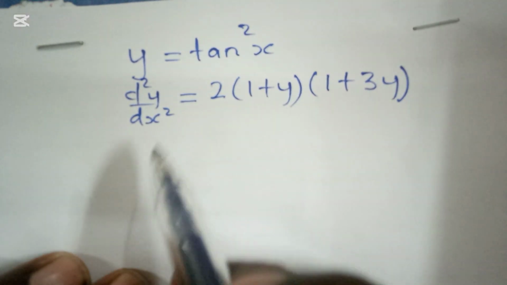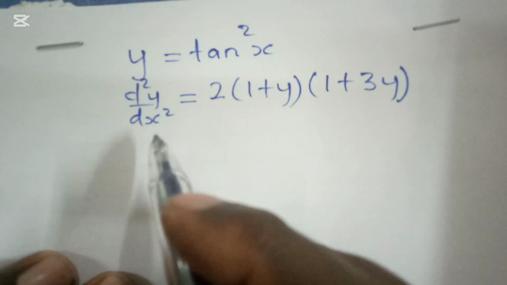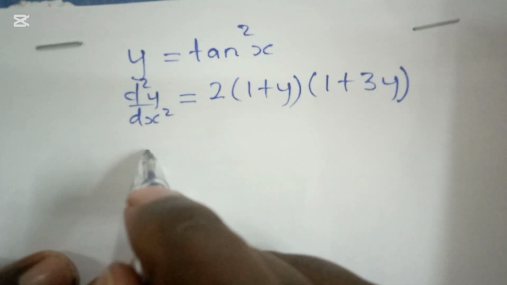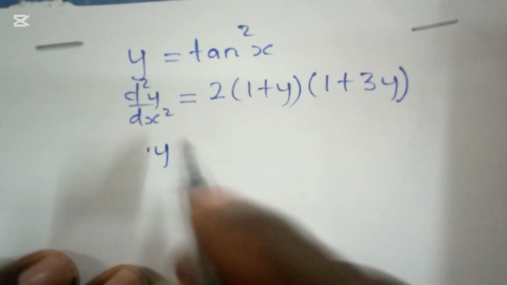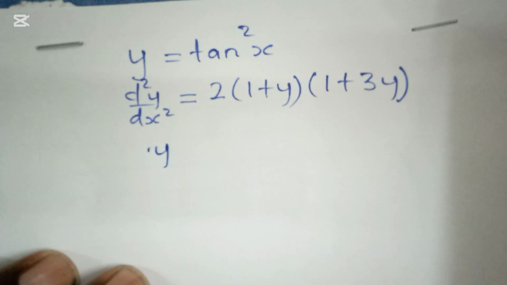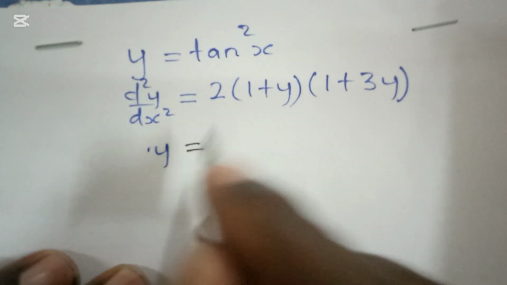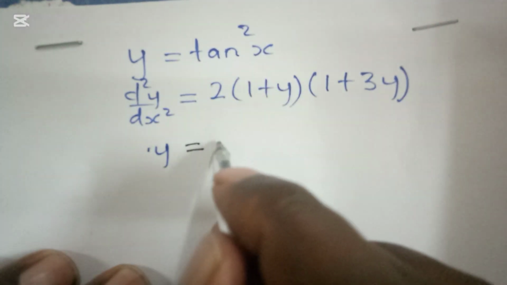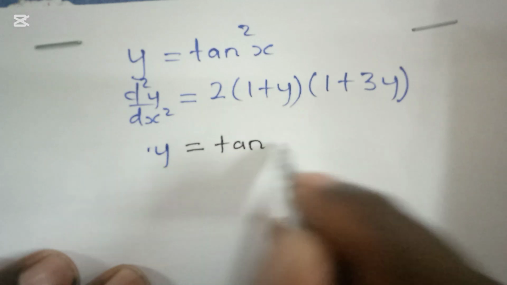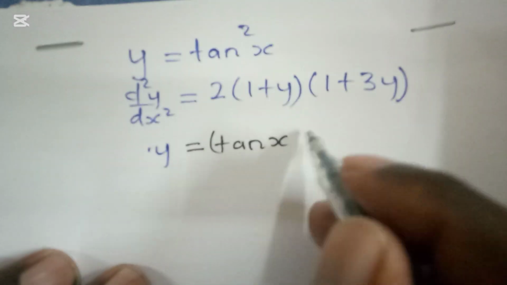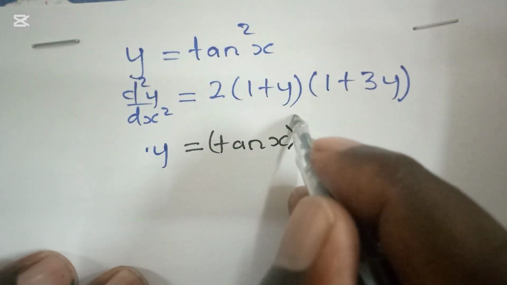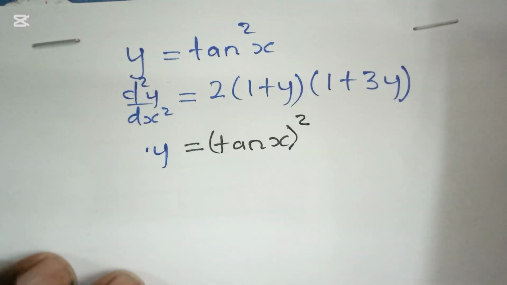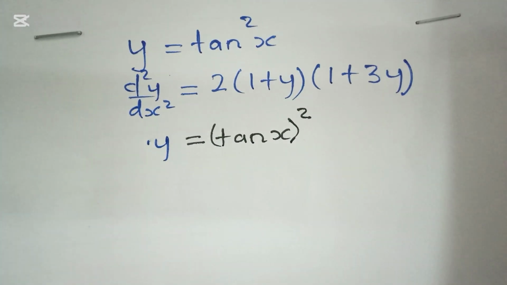So the first thing guys we do is we differentiate first. Guys, let me just put it this way. y is equal to, instead of writing tan squared x this way, I write (tan x) squared like that, which is obviously, guys, more convenient to write.